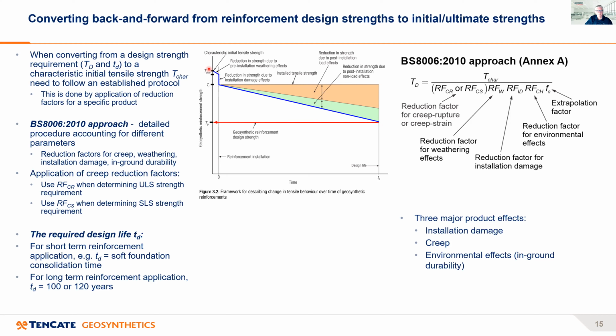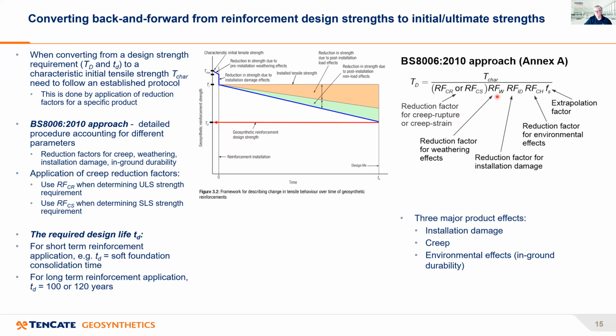Now, the BS8006 approach has quite a detailed procedure which accounts for different parameters, and it uses reduction factors. And this is over here in the top right, the equation that's in BS8006. So TD is the design strength, which we've analysed and calculated. And this is the characteristic strength, the initial strength. And then you apply these reduction factors to it.